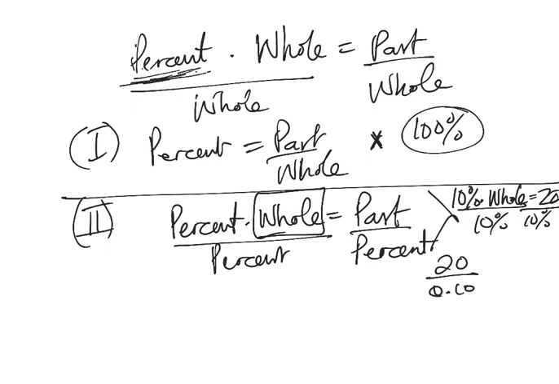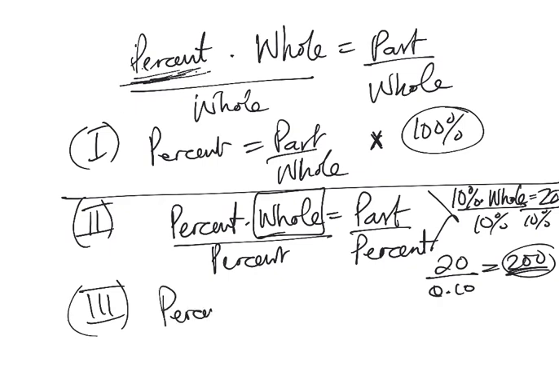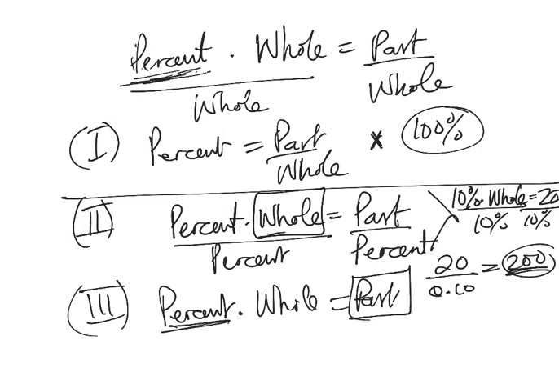We're going to dissect this more later because 10% is the same thing as 0.10. But the answer in this case is 200, right? So if I say 10% of what number is 20, the answer is 200. That's the whole. And the third category is when I give you percent, whole, and part. If you're just looking for the part, then you just multiply whatever percent you were given by the whole. That's the question, like what is 25% of 640? That's using the third category.